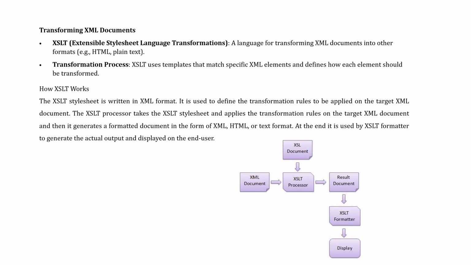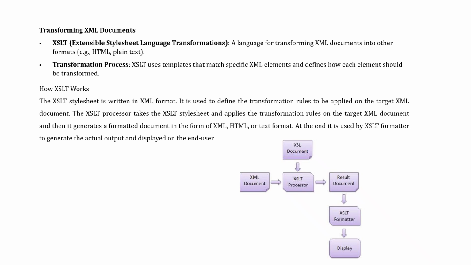How XSLT works. The Extensible Stylesheet is written in XML format. It is used to define the transformation rules to be applied on the target XML document. The XSLT processor takes the XSLT stylesheet and applies the transformation rules on the target XML document, and then it generates a formatted document in the form of XML, HTML, or text format.